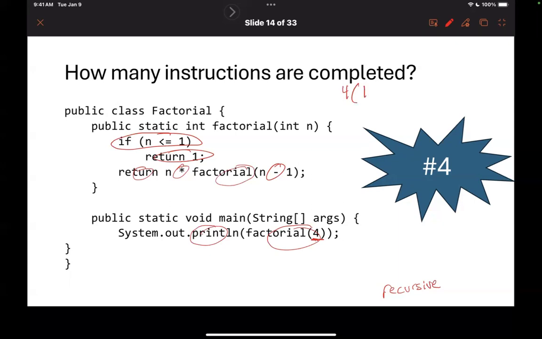And then we've got 1 for the if, plus 1 for the return, maybe plus 1 for the multiplication, plus something for the call.